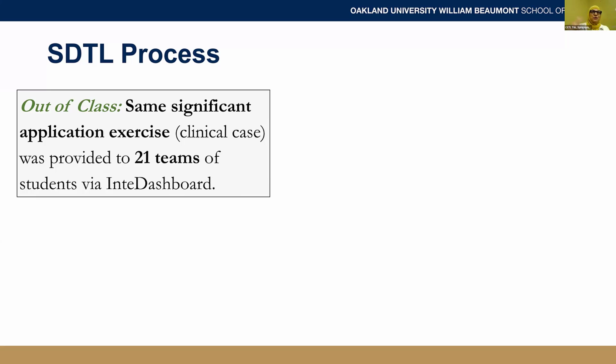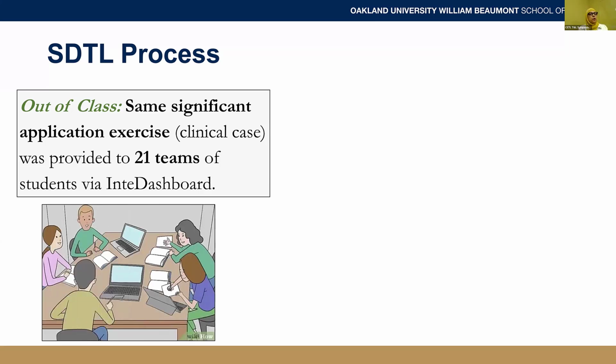Definitely, when you think about the case, you need to provide a clinical case that is significant for them to help them learn something, related to the objectives for the course. So we provided the 21 teams of students the significant clinical case via the Inti Dashboard. We don't give them any hint about how much they need to meet, how many times they need to meet, where they will meet, or how they will work together. We leave it up to each team.